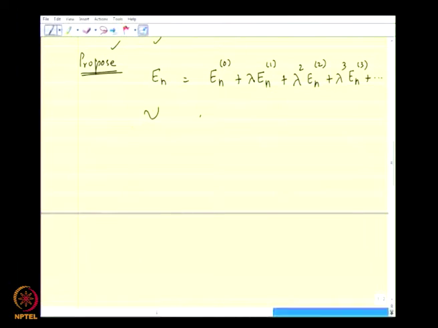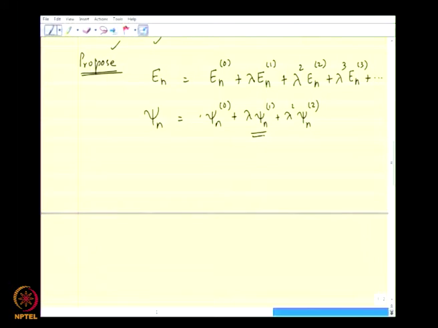What about the wave function psi n? That also we will write in the form of psi n 0, the solution in the absence of perturbation, plus lambda psi n 1 plus lambda square psi n 2. These are corrections to the wave function.